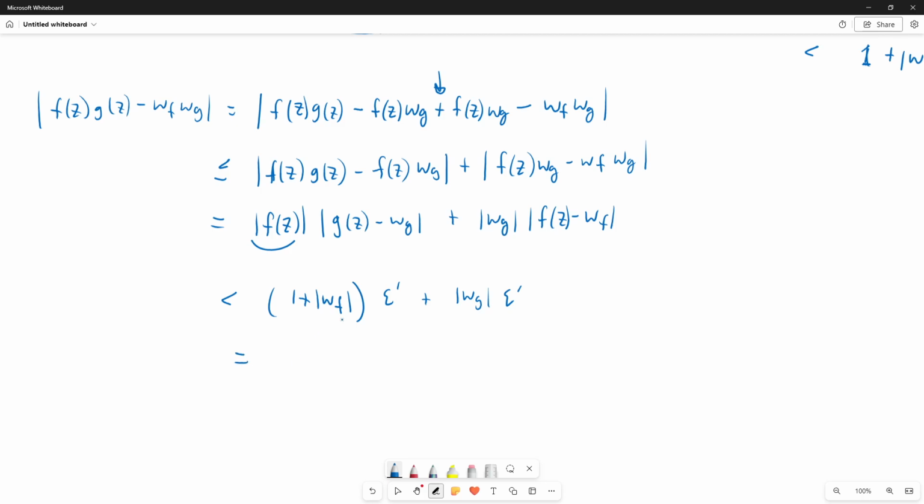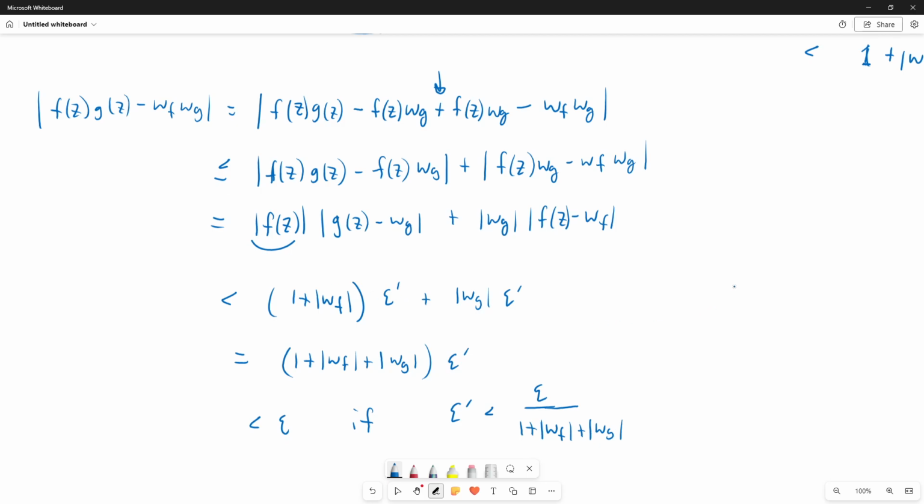And this is equal to, if we factor out the epsilon prime, 1 plus modulus wf plus modulus of wg times epsilon prime. So we can make the difference that we're interested in less than this quantity, which will be less than epsilon if we say epsilon prime is less than epsilon over this positive quantity, 1 plus modulus wf plus modulus wg.